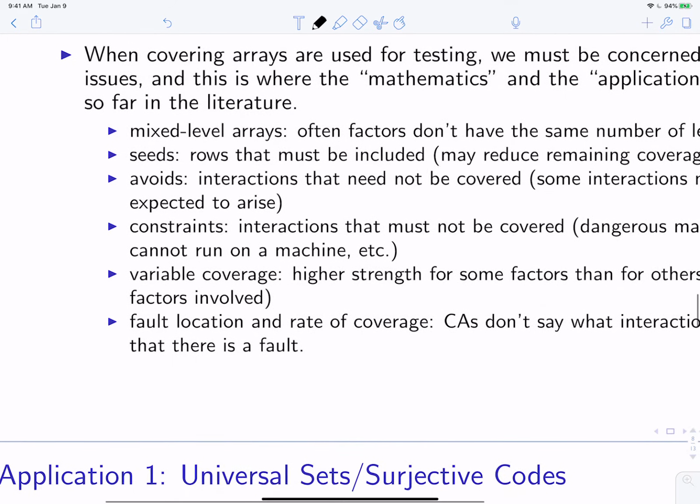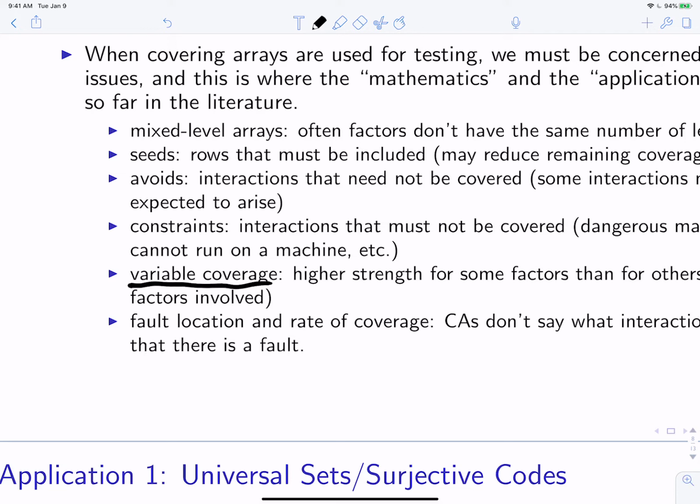Variable coverage. So if you want a really cool project, this is the one to actually focus on, because there's actually a lot of work starting in the last few years about focusing on variable coverage. And what does this mean? This means instead of having T-way interactions across the board, we have, okay, a two-way interaction for these two components, a three-way interaction on these, a four-way interaction on these.